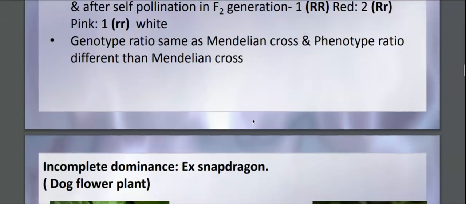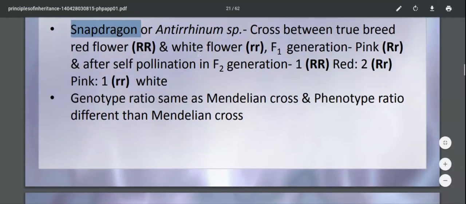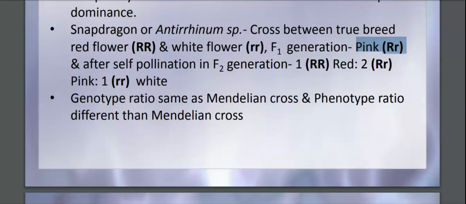So here what is happening is exactly this. When you cross a red dominant plant, capital R, with a white plant, small r, the F1 generation, which is heterozygous, capital R, small r, should have been red, as per Mendel's laws, but in this case, the heterozygous plants were giving pink flowers.